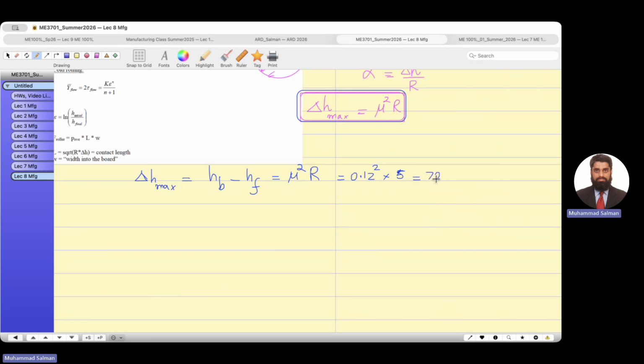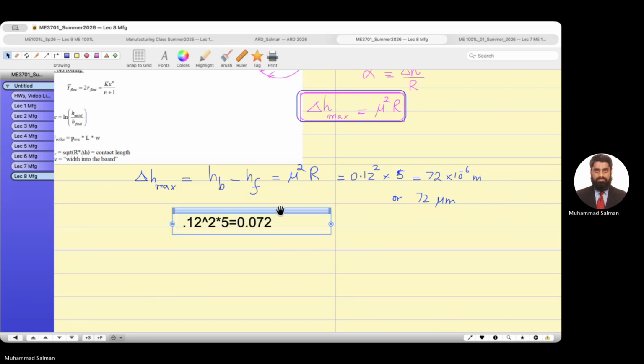Do you get 72 microns or micrometer? Agreed? 0.12 squared times 5, which is 0.072 millimeter or 72 micrometer, because 1 meter has 1000 millimeter.